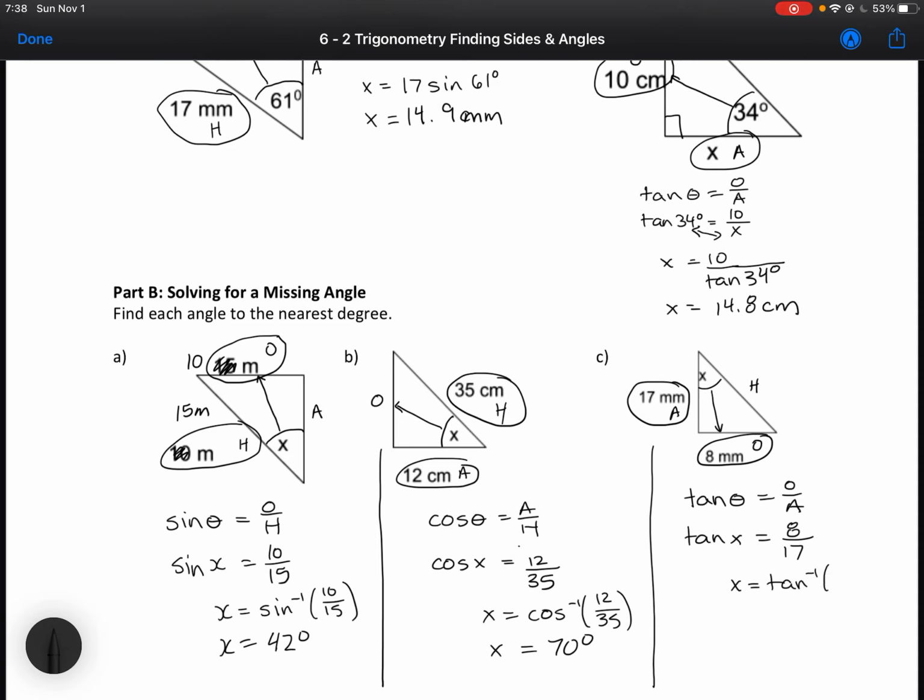Solving for x by taking the tan inverse of both sides is going to give me a value of 25 degrees, rounded to the nearest degree. Those are examples of two skills that you should be able to do using right angle trigonometry.